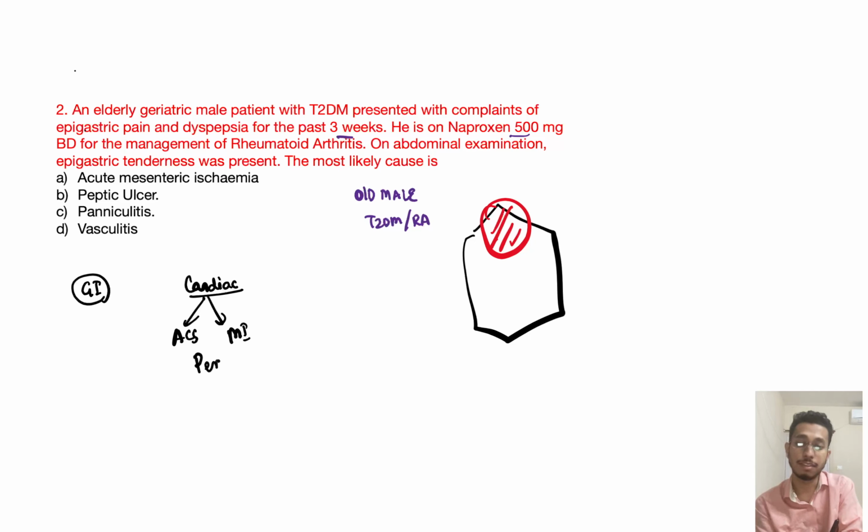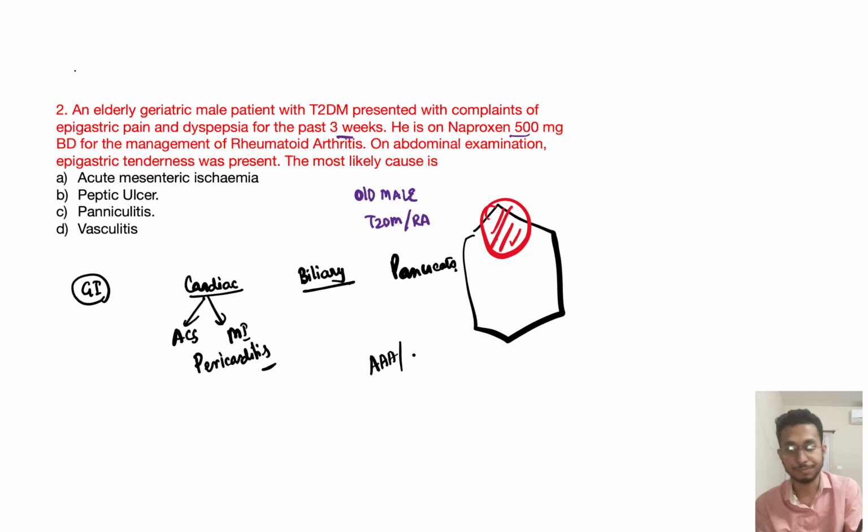Sometimes pericarditis can mimic epigastric region tenderness. It can be due to biliary causes like biliary colic, cholecystitis or cholangitis. It can be due to pancreatitis, as well as vascular causes like abdominal aortic aneurysm rupture or mesenteric ischemia. Mesenteric ischemia usually presents with a band-like sensation and hemodynamic instability.